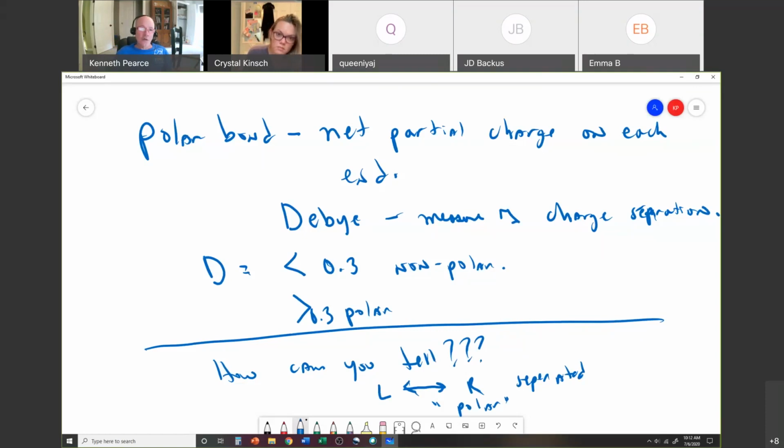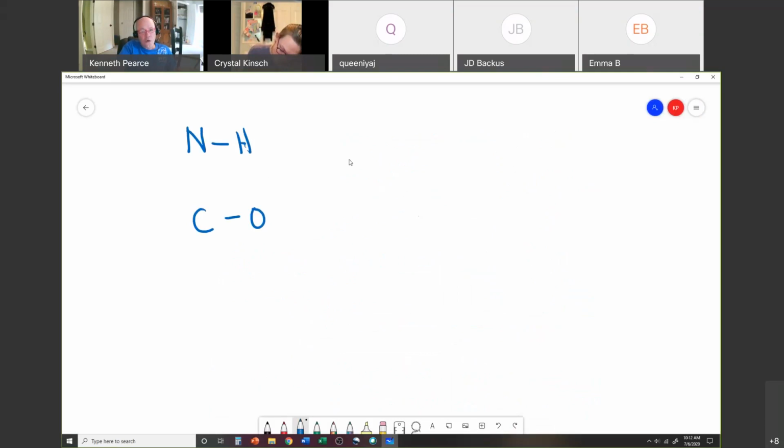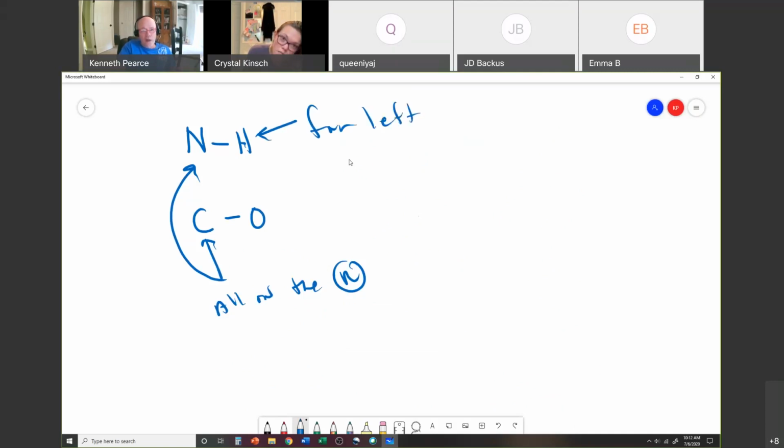All right. And so if we had a series of bonds and we were to look at, say, NH, or let's say CO, well, these guys right here, these carbons are all on the right. And the H right here is far left.